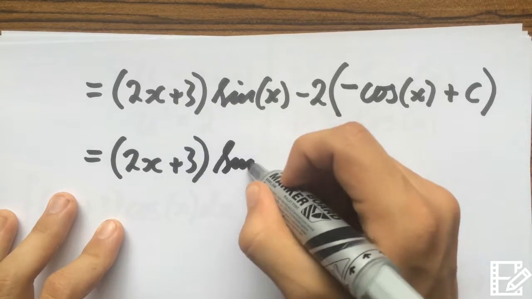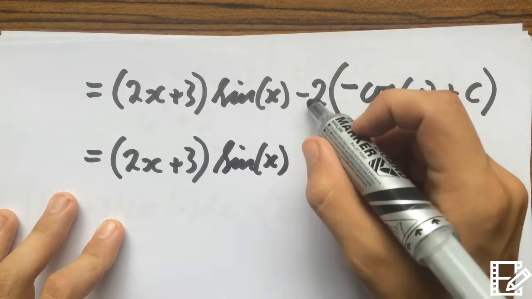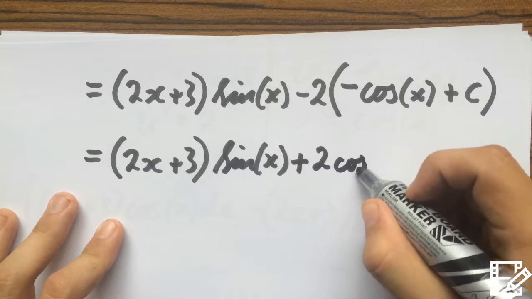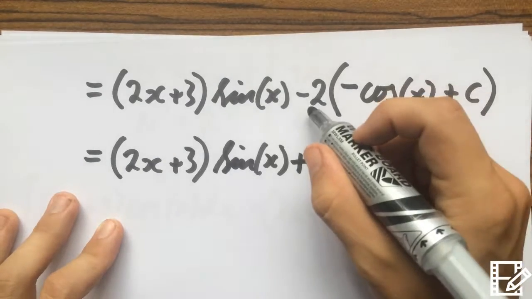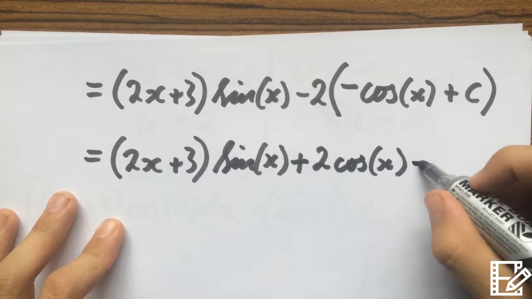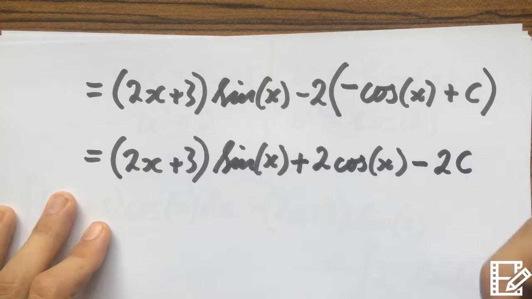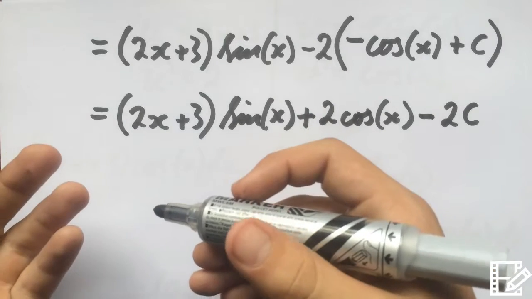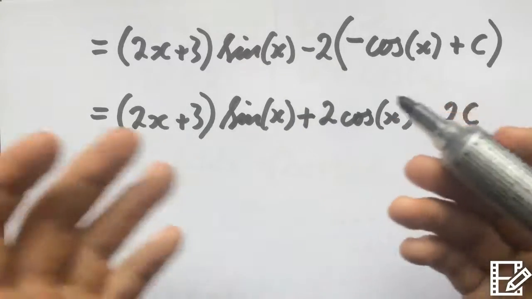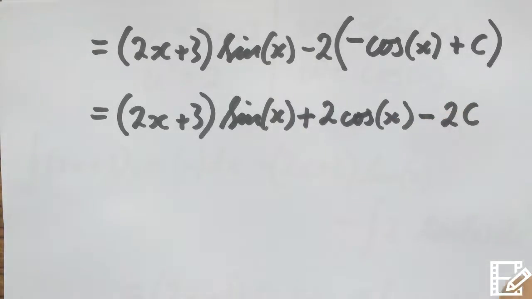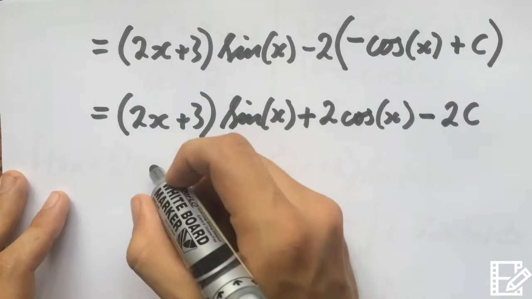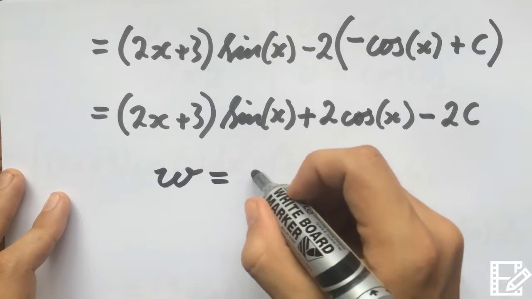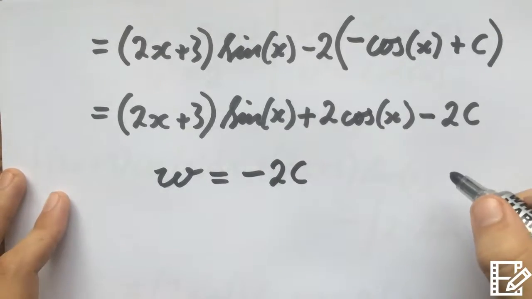I'll just write the first bit. Negative 2 multiplied by negative cos x is positive 2 cos x. Negative 2 multiplied by positive c is negative 2c. This is why I like to use letters like h and whatnot. Because I used h in another example, let's change it. Because we've got negative 2c, let's say w. w equals negative 2c.